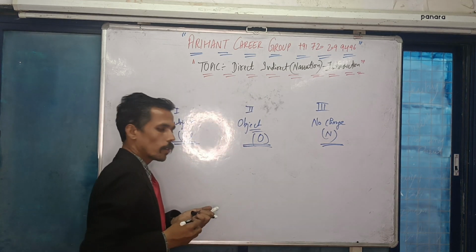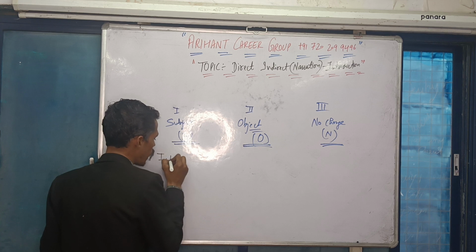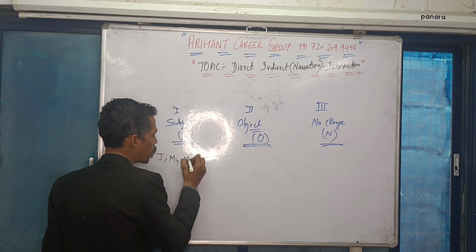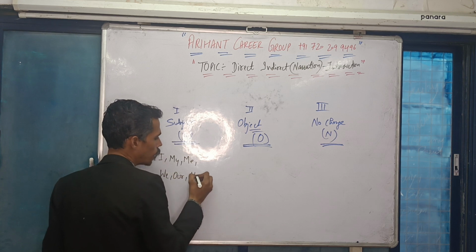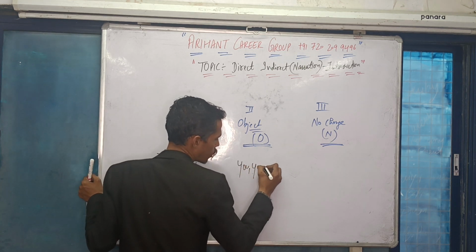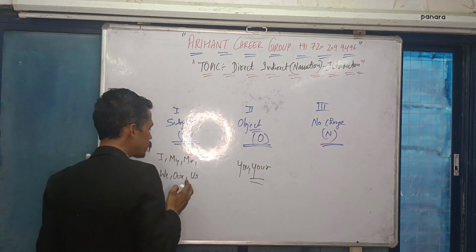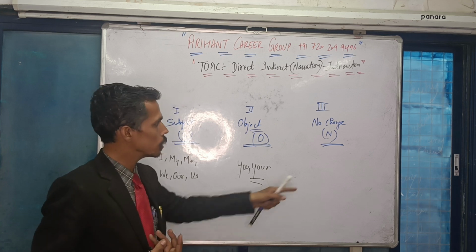What are the words that you are supposed to have here? In subject, you will be having I, my, me, we, our, us. In case of object, you have two words here, you and your. So other than these 6 plus 2, 8, everything else will fall into no change.